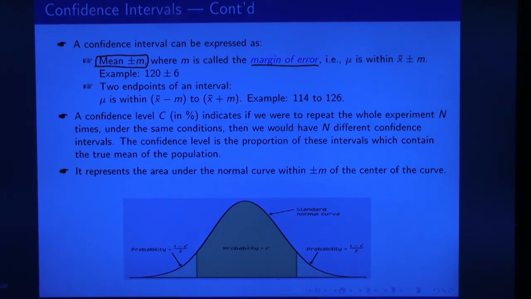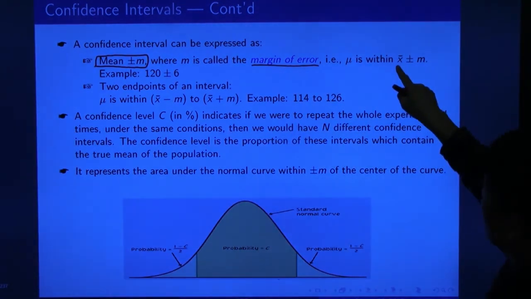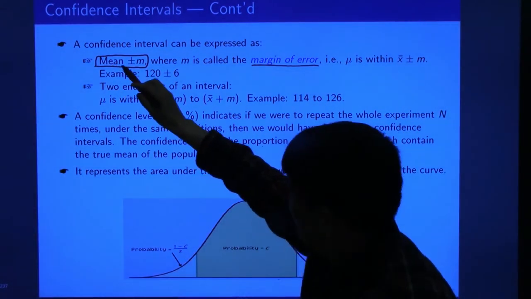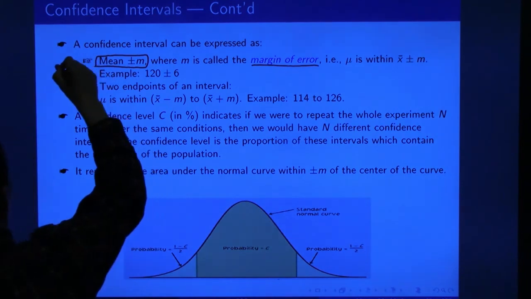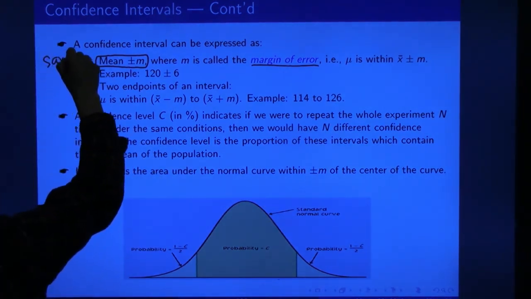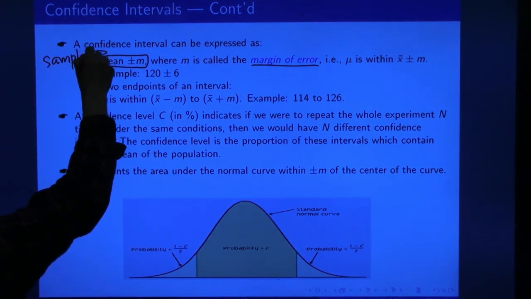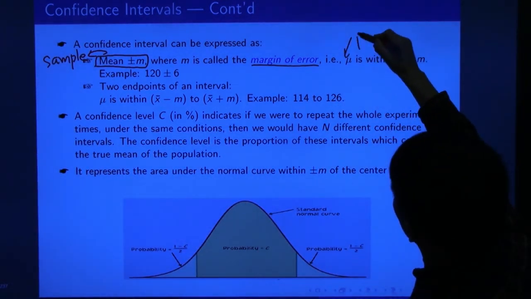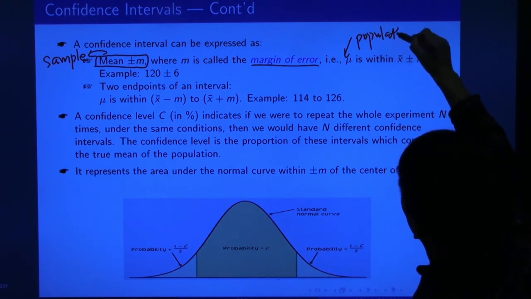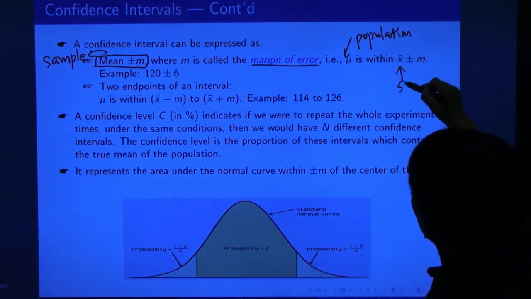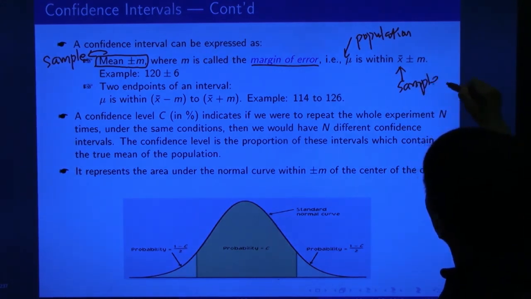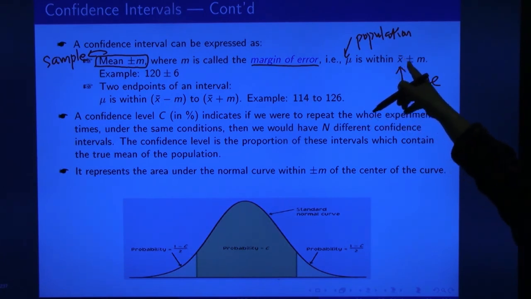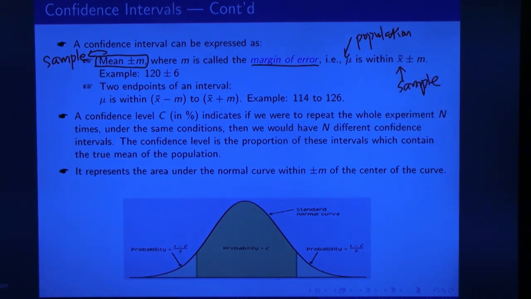So we write mu is within the mean of the sample plus minus the margin of error. Here mu is the population mean, and this one here is the sample mean.